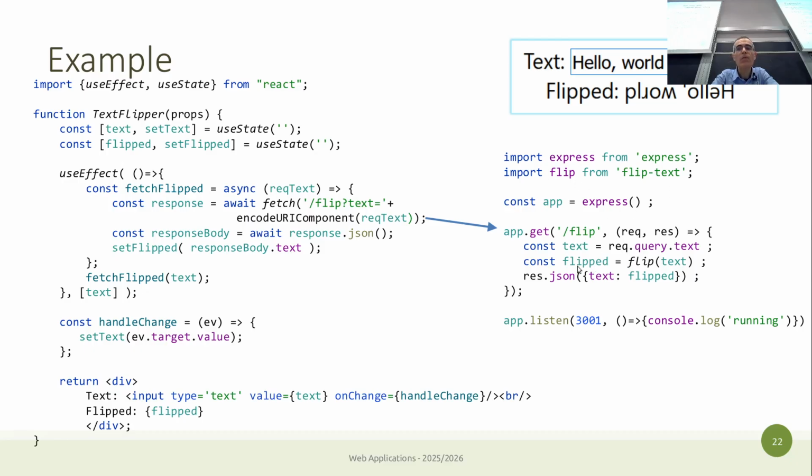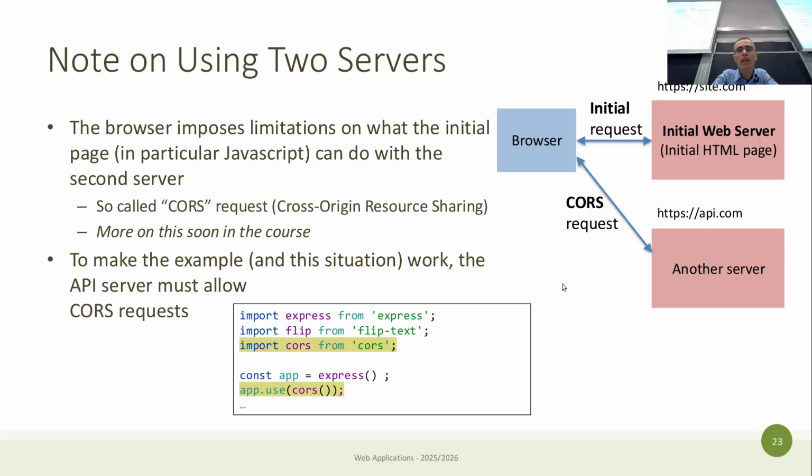It flips the text and we return back the content with the flipped text using an object, key text, value flipped. And that's why you have .text here, because this is an object that is converted in JSON format for traveling back from the server to the client. Let's try the example.